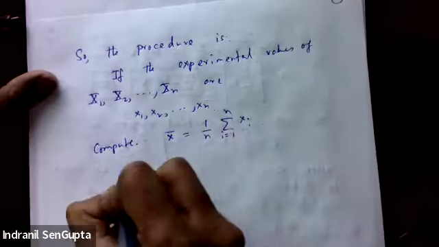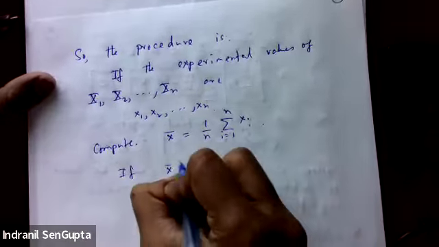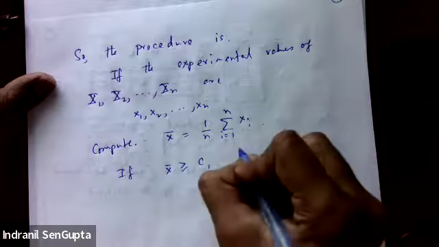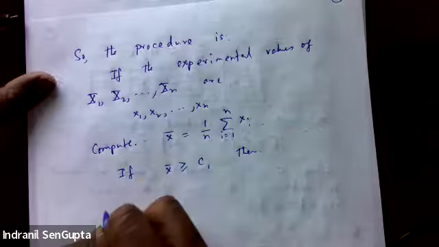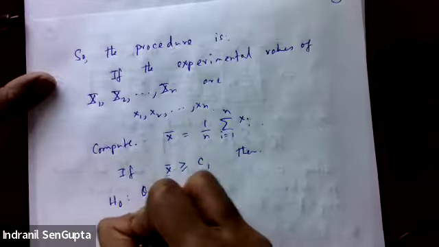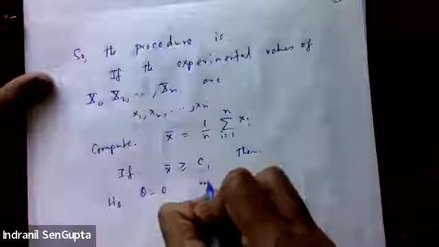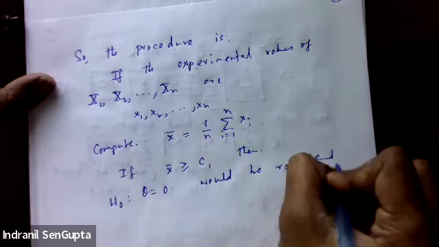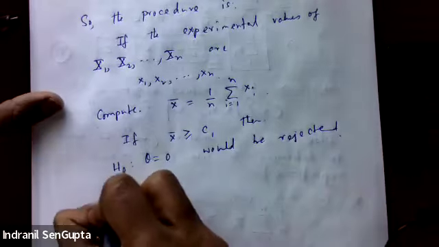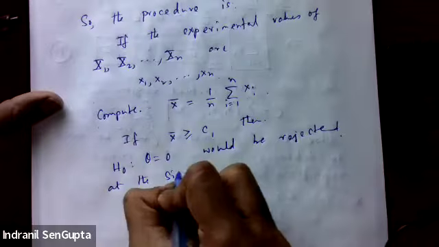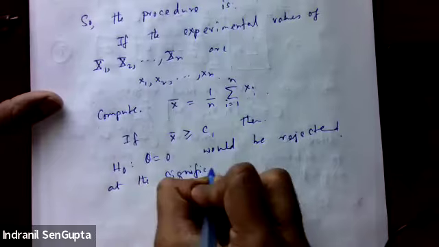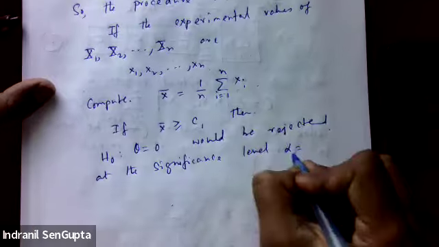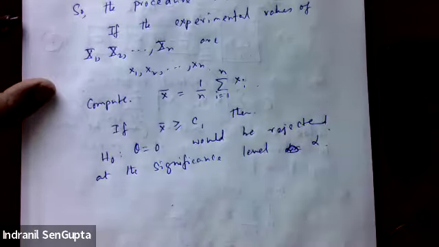If x bar is bigger than c1, then the hypothesis H0, which is theta equals 0, would be rejected at the significance level alpha, which is already set up.